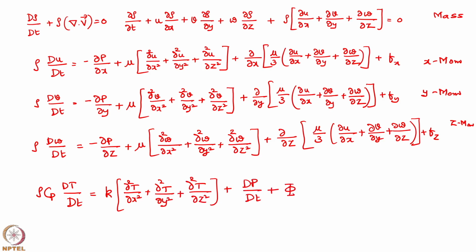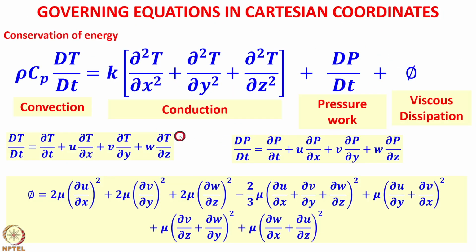I am not going to write phi because it is a huge equation, so I can flash that equation. Phi has all the velocity gradients multiplied by viscosity. This is basically the viscous term.